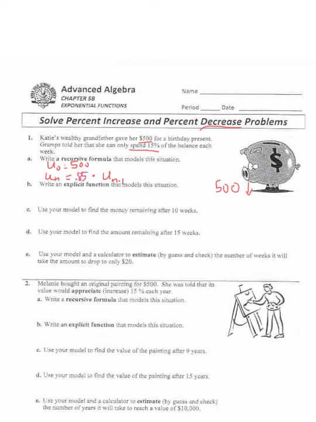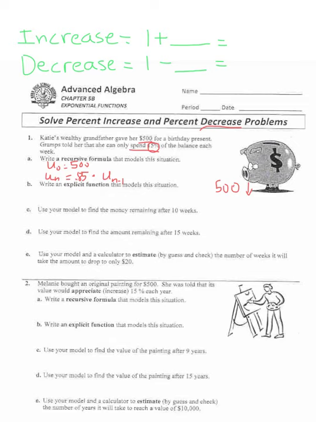The question is, how did we get 0.85 when it says we're spending 15%? Well, we have two types of problems. We have percent increase and we have percent decrease. So there's increase and decrease. It's either going to be 1 plus the percent if it's increase, or it's going to be 1 minus the percent if it's percent decrease.